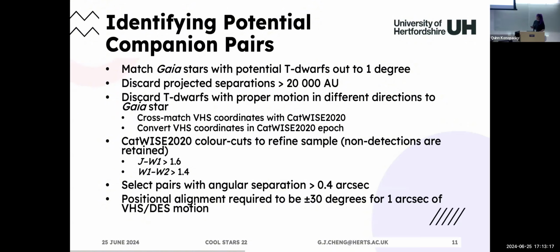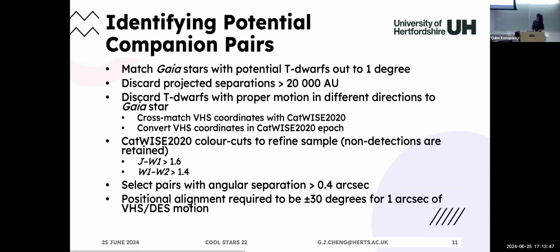We got rough approximations of the directions of the proper motions of the T-dwarf candidates by cross-matching the VISTA coordinates with CatWISE 2020 and also converting the VHS coordinates to the CatWISE epoch. And we discarded any T-dwarf candidates that had proper motions in directions that were different to the Gaia star proper motions.